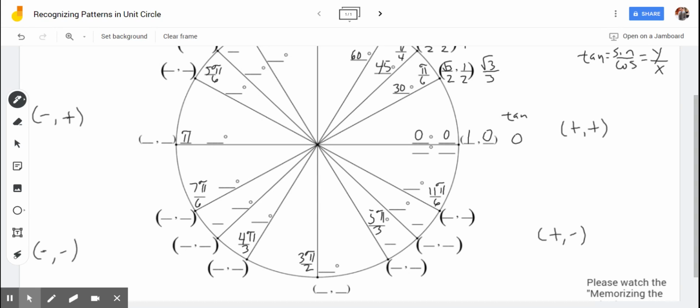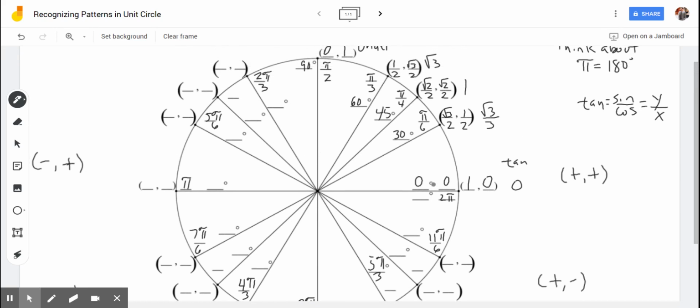And then 12 pi over 6, which is 2 pi. All right, so that's how we can count by pi over 6s.